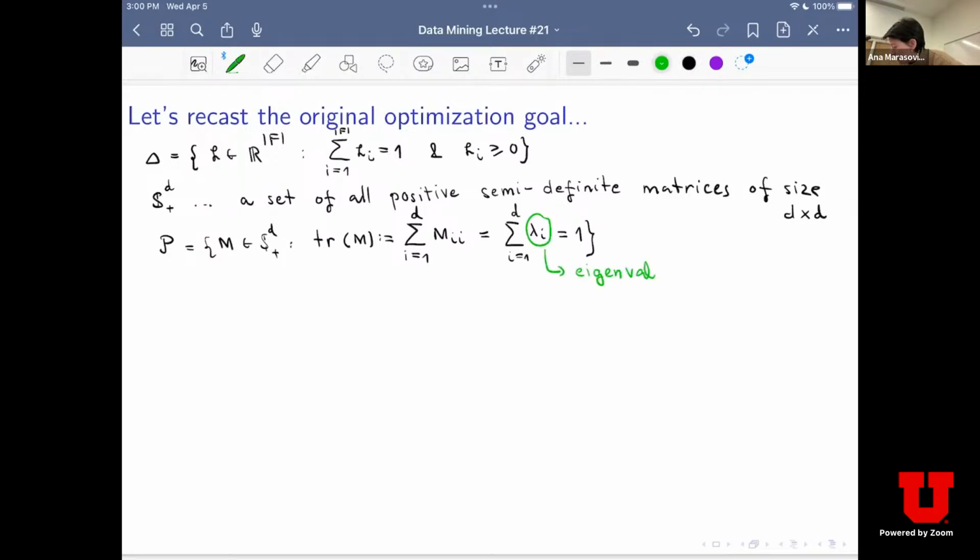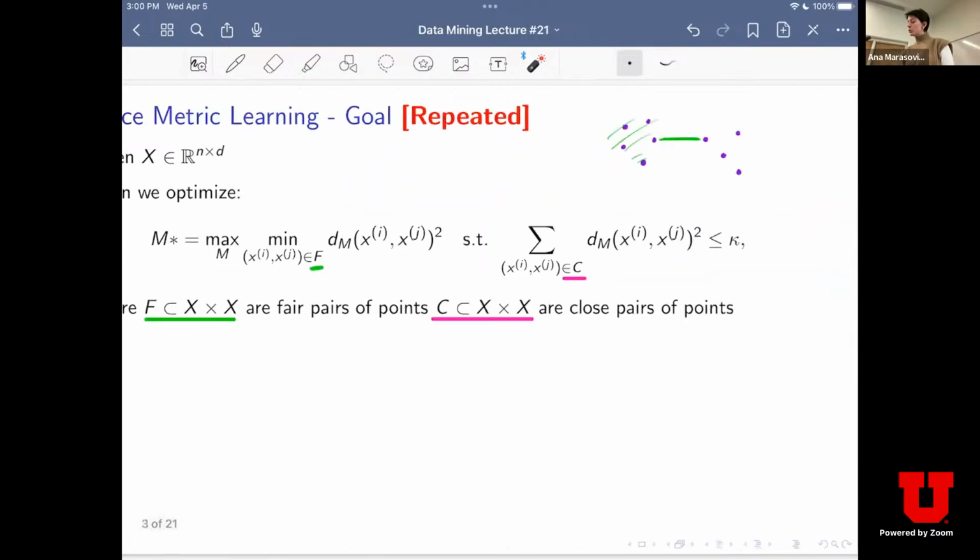The reason we are introducing this is that such matrices M with this trace are effectively going to imply this constraint. We are not going to show that, and not for any kappa, but for kappa that equals 1.